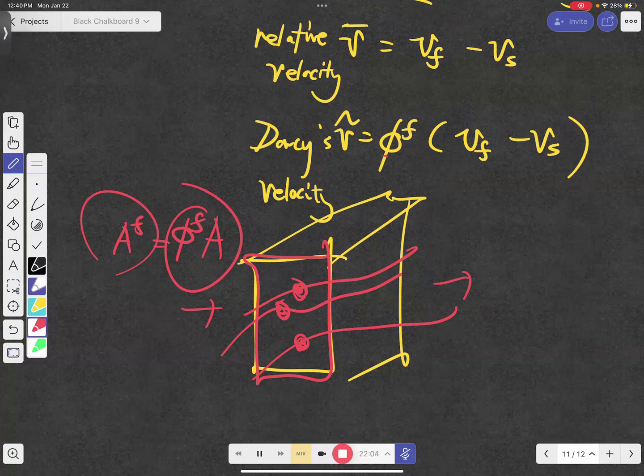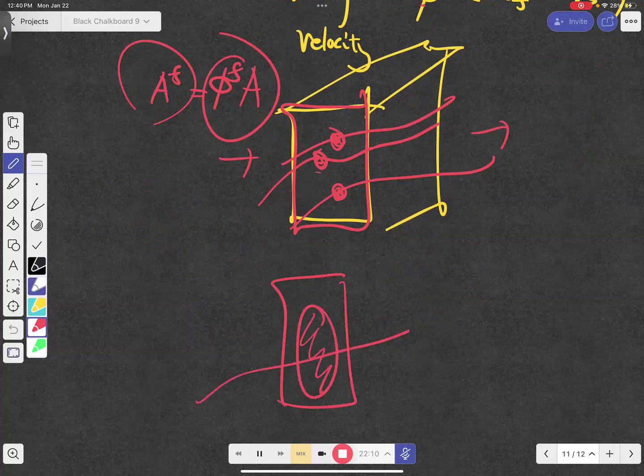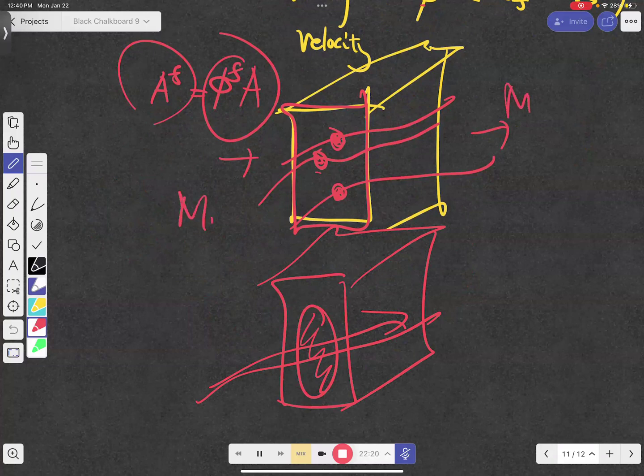Does that make sense? So let's give another analogy. There's a pipe here. What if you have a big hole here, and then there's a velocity, and the shape is the same. If the mass coming in and coming out are identical, which one will have a higher intrinsic velocity?